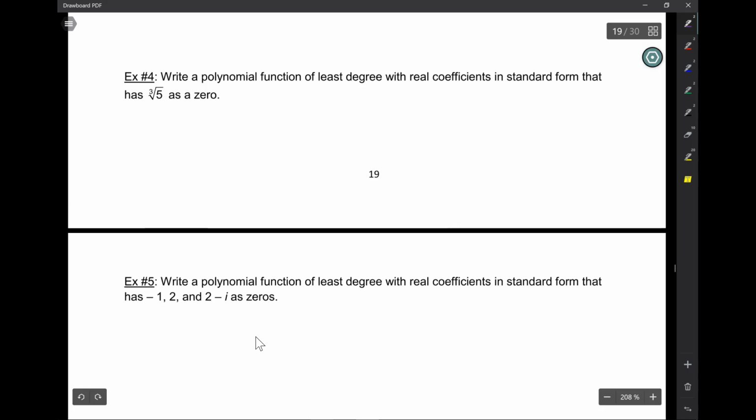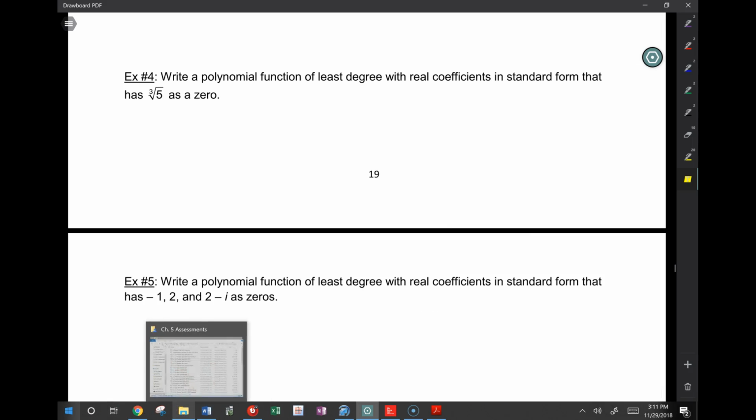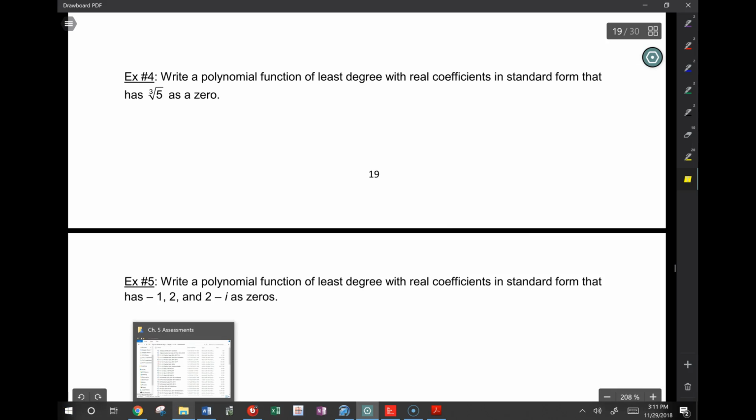Now, let's do one more here. Write a polynomial function of least degree with real coefficients in standard form that has cube root of 5 as a 0. Wow. Yeah. So if 2 is a 0, then I know the factor is x minus 2, right?